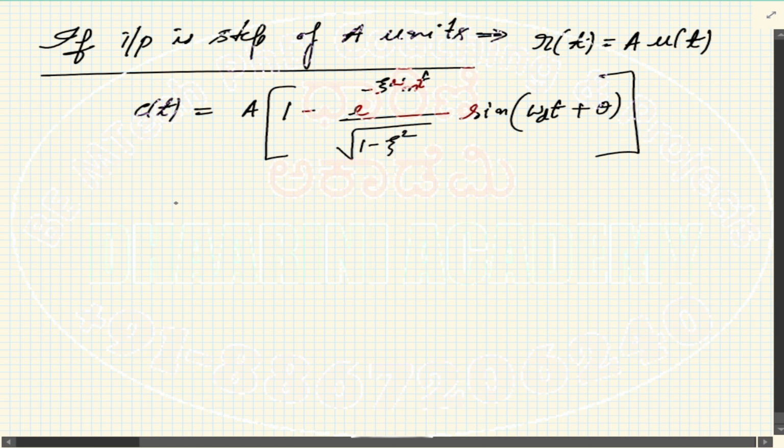So we need omega d. This can be written in terms of omega n and zeta. So this is omega n into root of 1 minus zeta square. What is omega d called? It is the damped natural frequency, right? And that's omega d. Then we have the theta, the phase angle, which can be calculated.